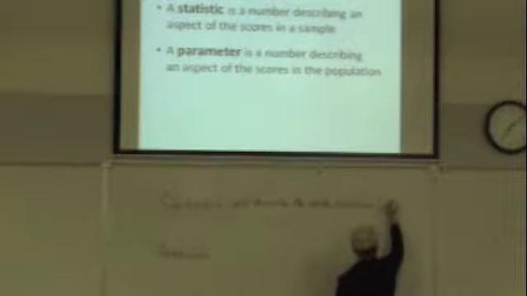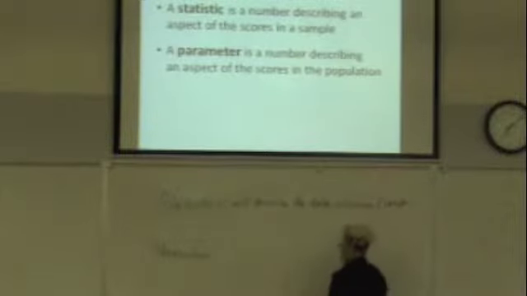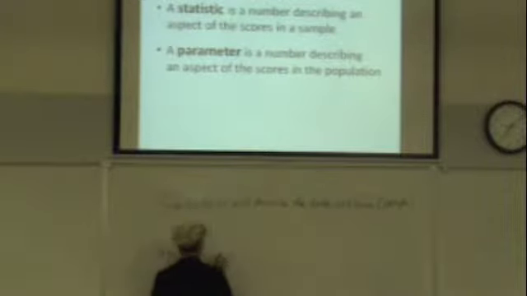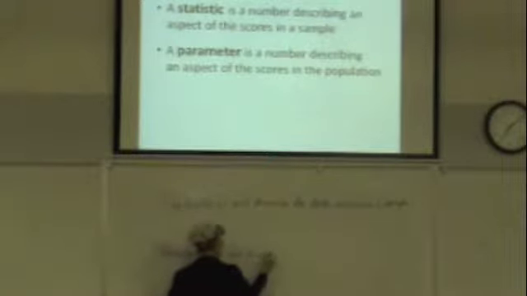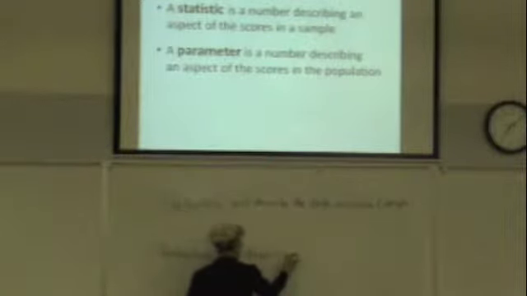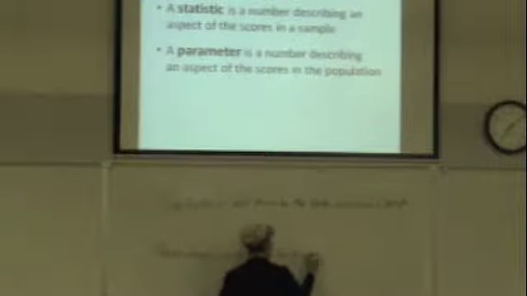Sometimes it may be a sample, not quite there yet, but sometimes it might be a sample. And the parameters will describe populations. And they're going to use Greek letters.